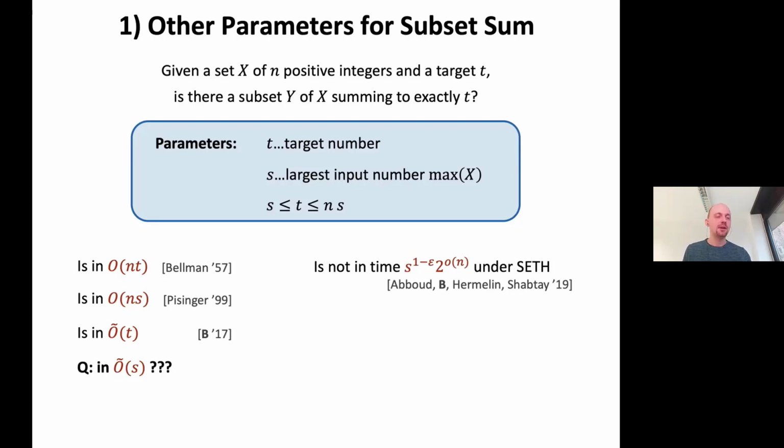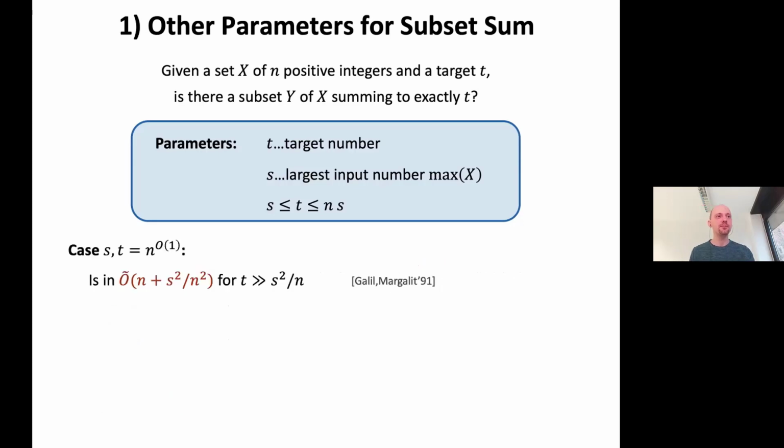It's not even known, as far as I know, whether you can solve it in time n to the 0.99 times s, by the way. Good, so that's a pretty big open problem, and we are very far from solving it.